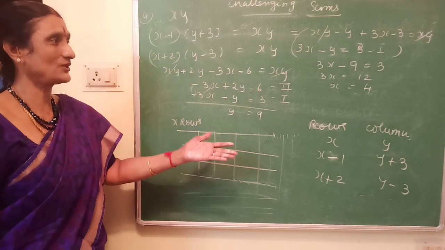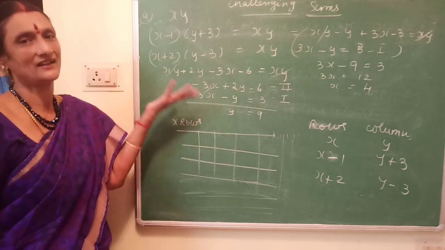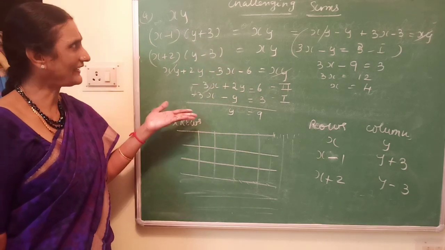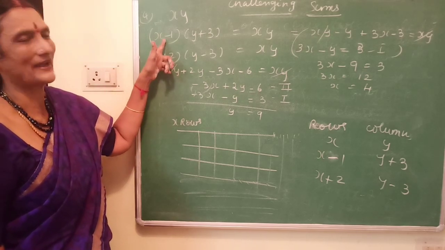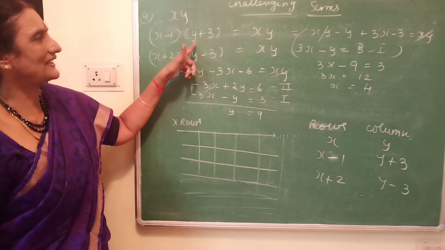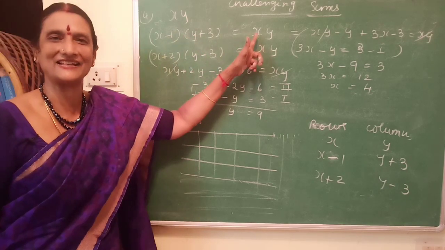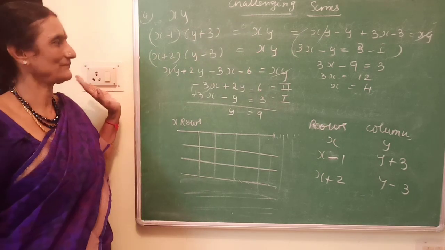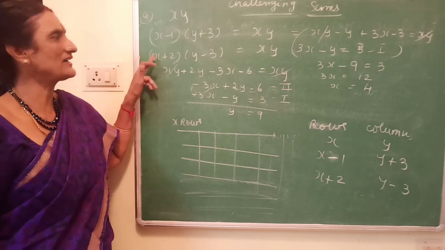So if you substitute x as 4 in any of these equations, still we will get 36. Shall we try? x minus 1, what is x minus 1? 4 minus 1. y plus 3 is what? 9 plus 3, that is 12. 12 3s are 36. That is the strength. Second situation, x equal to 4. 4 plus 2 is what? 6.